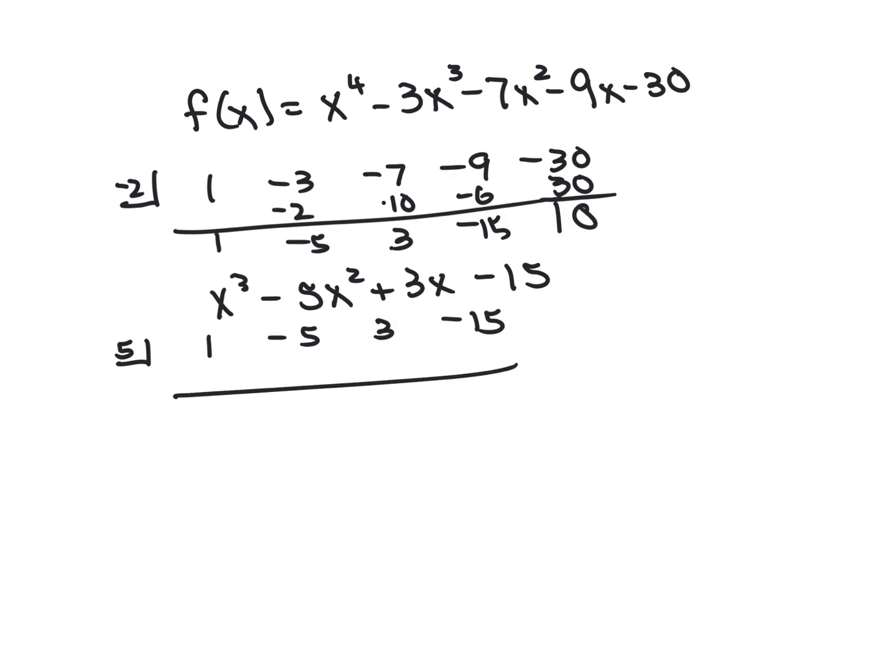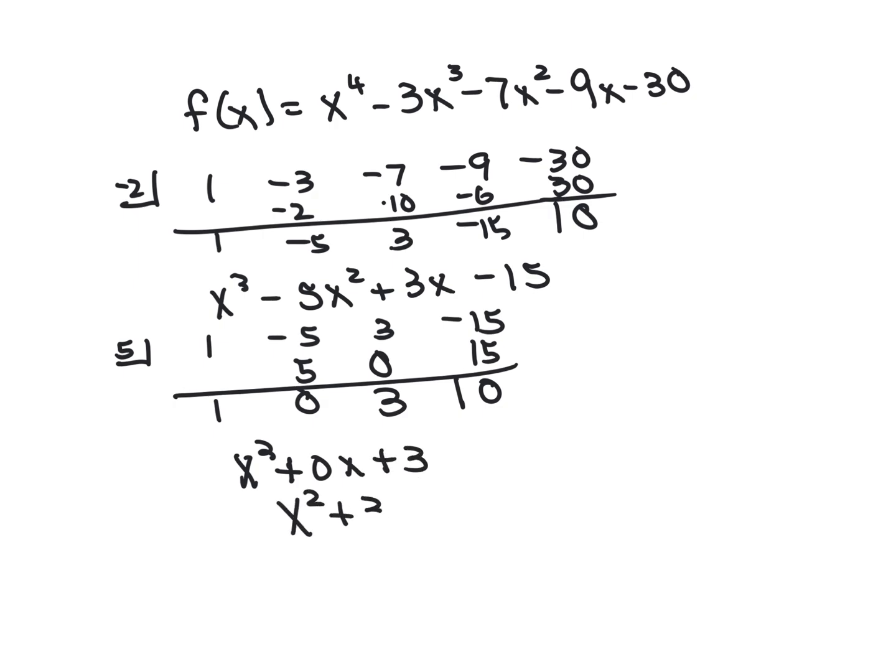I bring down the 1, I multiply, I add to get 0, I multiply, I add to get 3, I multiply, I add to get a remainder of 0. So now my problem is x squared plus 0x plus 3, or just x squared plus 3.